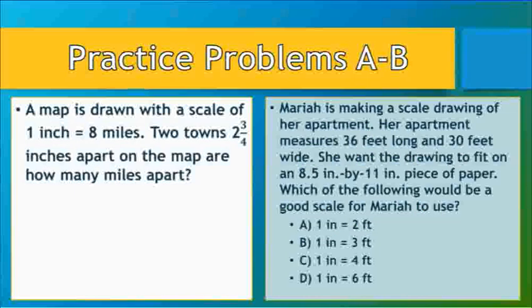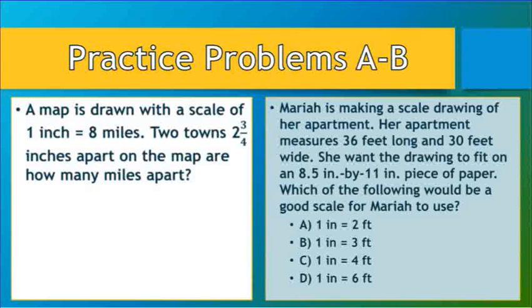Next one, a map is drawn with a scale of 1 inch is the same as 8 miles. 2 towns, 2 3/4 inches apart on the map are shown. On the map are how many miles apart? So just like any other map, you have a map scale on the bottom. It tells you how many inches is 1 mile, or how many miles is 1 inch.